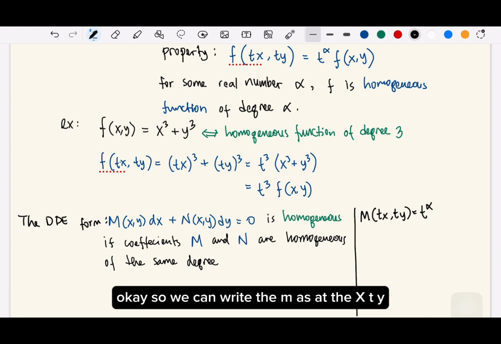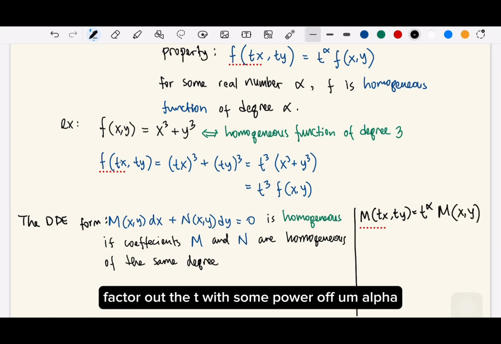So we can write M as a function of (tx, ty) and factor out t with some power of alpha.